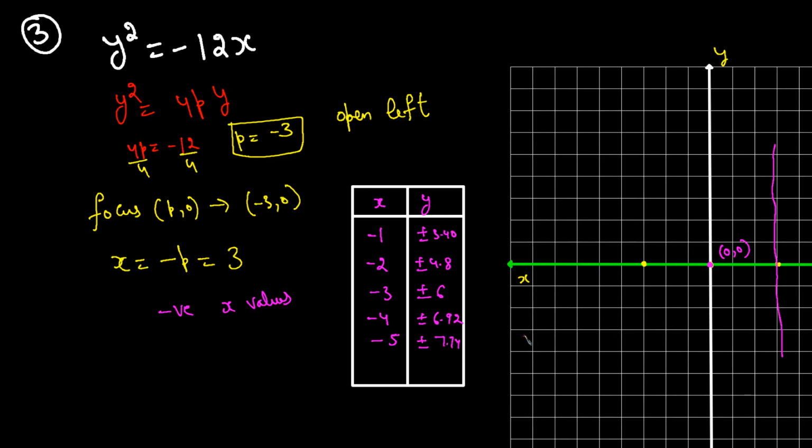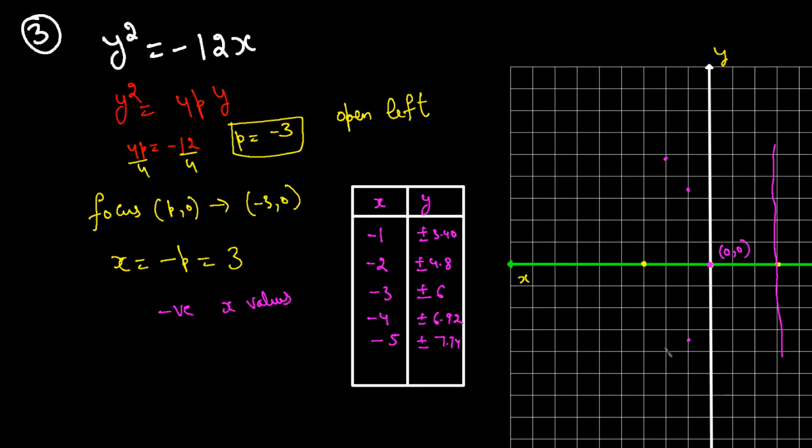Let's plot those points and then we can find our parabola. Okay, so x is negative 1, which is here, and y is plus minus almost 3.5, so somewhere here. Then negative 2, x is negative 2 here, and y is plus minus almost 5, so I'm going to point it there.